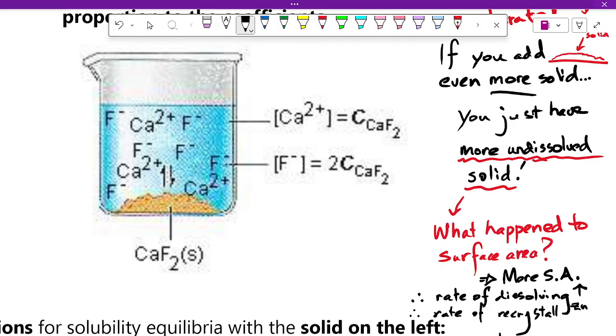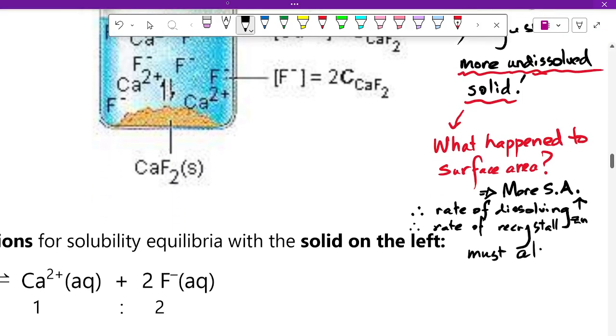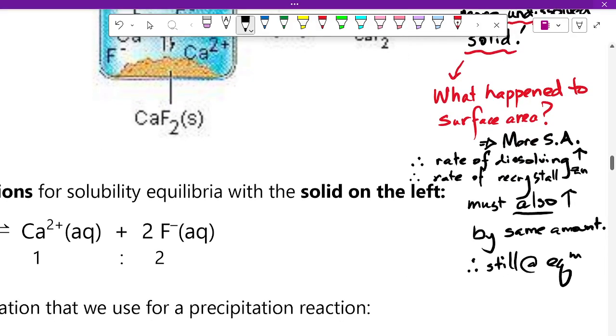By the same amount, so that it remains at equilibrium. The concentration will remain the same. Therefore, we are still at equilibrium and the concentration remains the same.